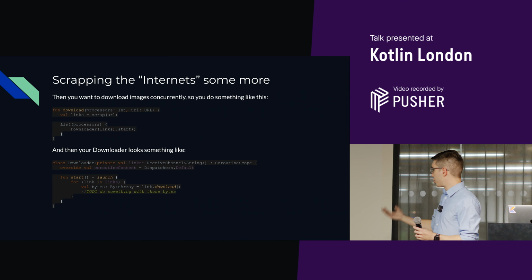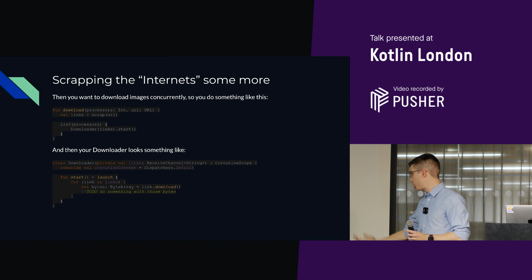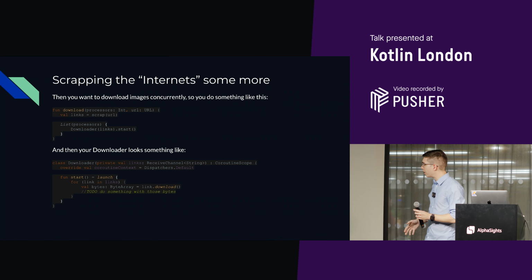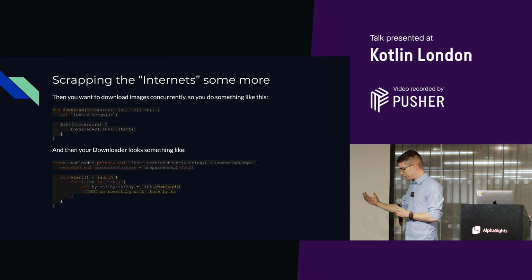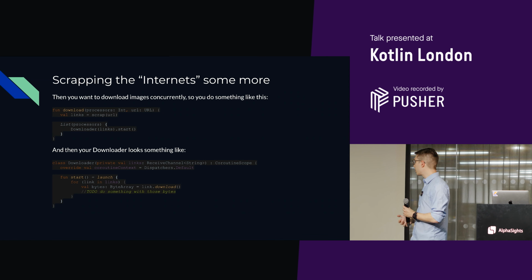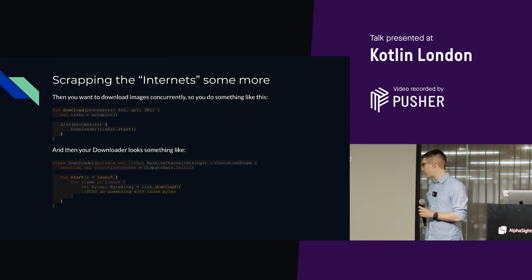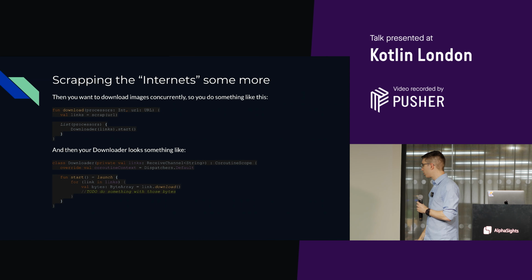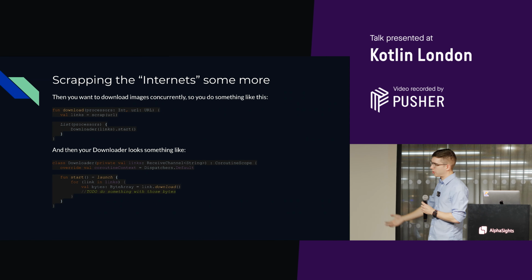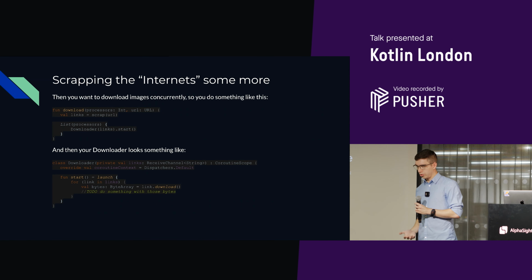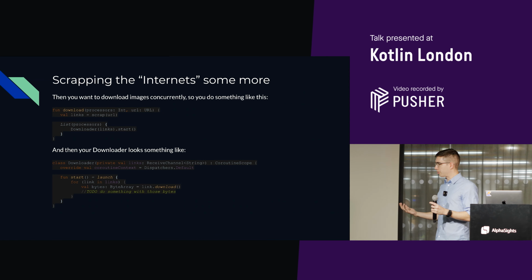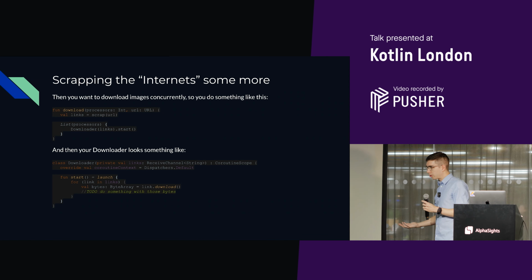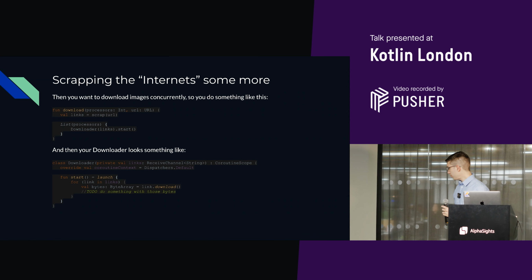And then each downloader gets the same channel. Actually, it could be done a bit simpler. I did it because in the real code, it's a bit more complicated. It has two channels. But in this example, it has only an inbound channel. And then we start each downloader. Each downloader waits on the channel. If you have like 8 CPUs, we can launch 8 downloaders, for example.